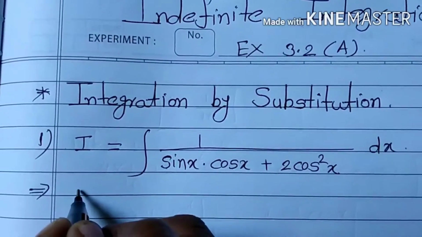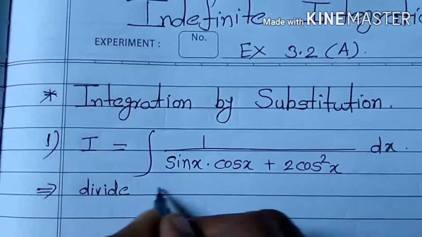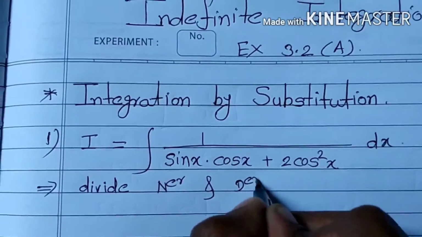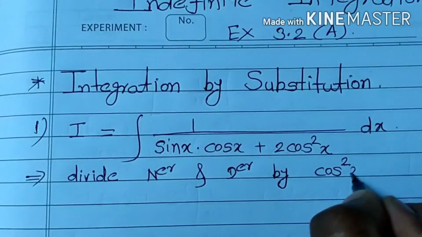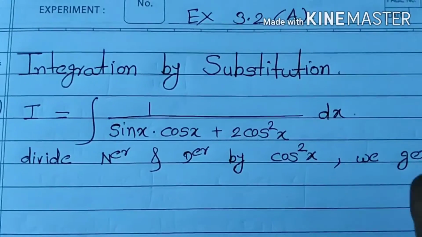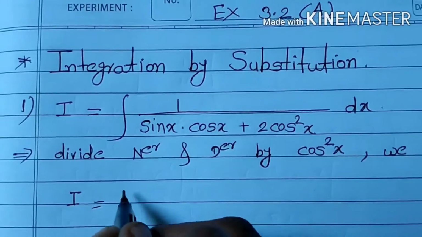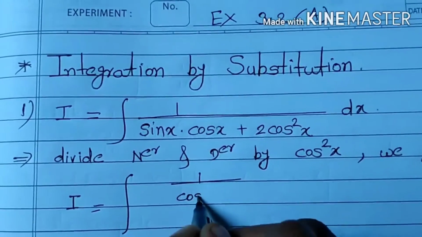Dividing numerator and denominator by cos square x, we get 1 upon cos square x.